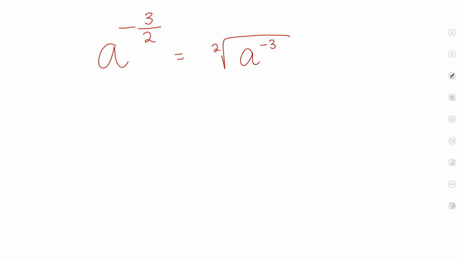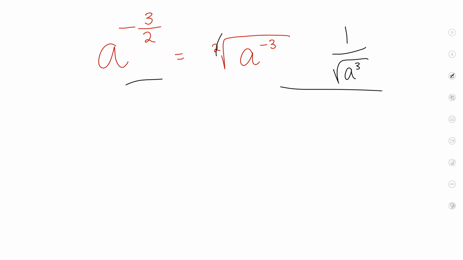A 2. Do I have to write the 2s? No. So I don't have to write the 2. And whenever I have a negative, we just put it in the denominator and it gets rid of the negative. Okay? You can skip this step if you don't want to. You can jump from here to here.